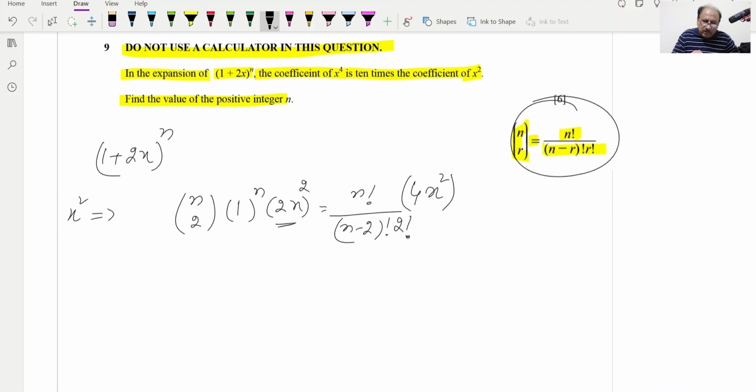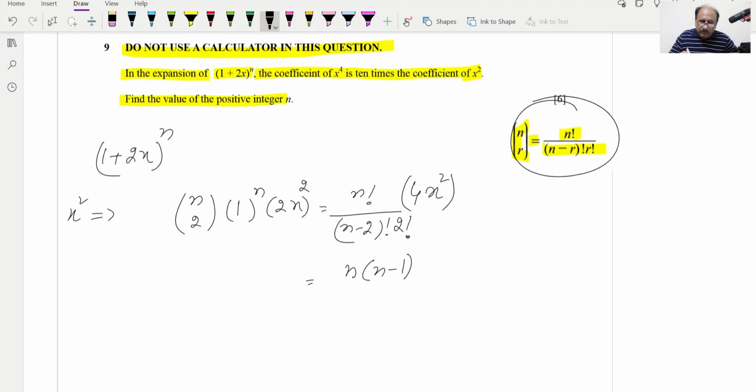So 2x squared will be 4x squared if we open the bracket, and for this one we can write n factorial over n minus 2 factorial as n into n minus 1, because n minus 2 and below terms are all cancelled by the denominator n minus 2 factorial.